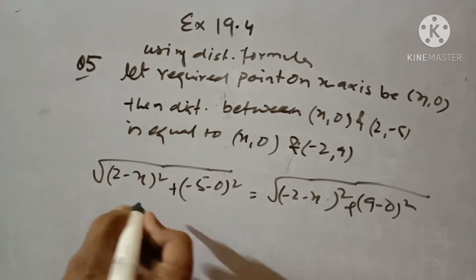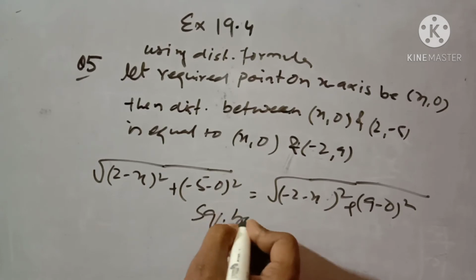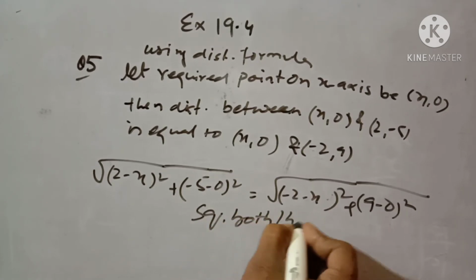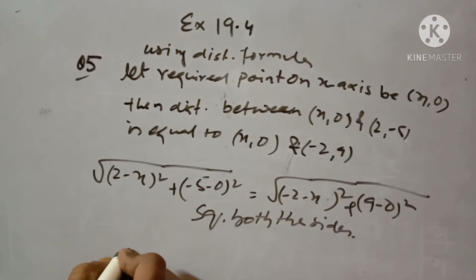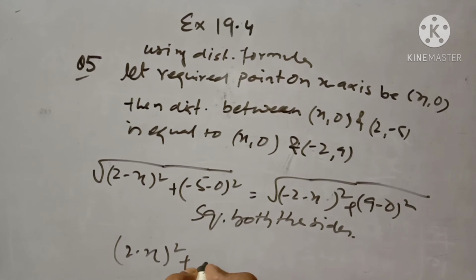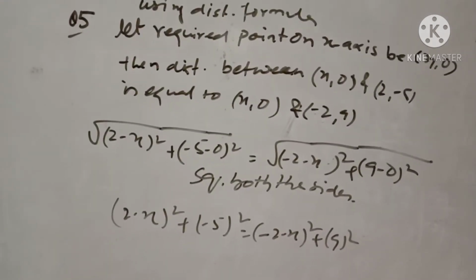Now squaring both the sides, it will be (2 minus x) whole square plus (-5) whole square equal to (-2 minus x) whole square plus 9 whole square. Write down please, up to here.